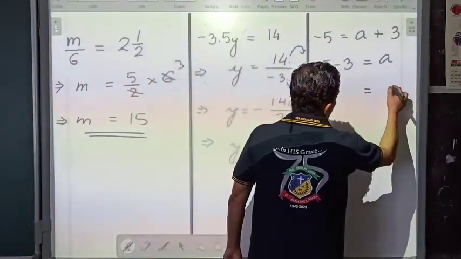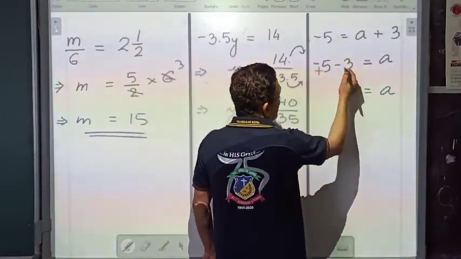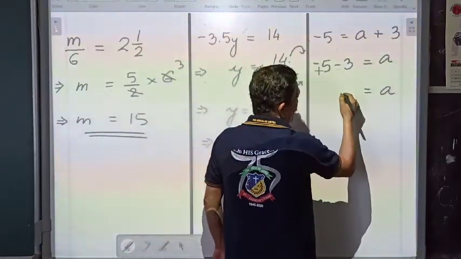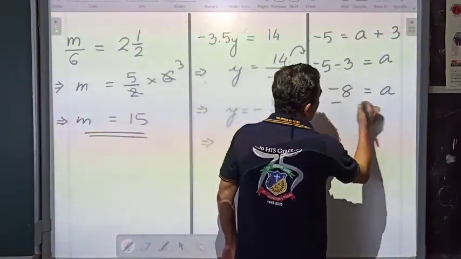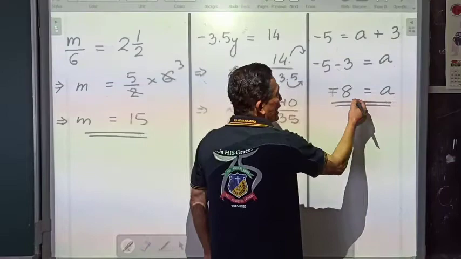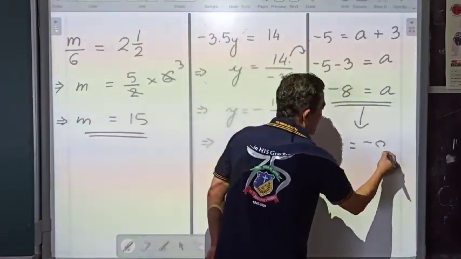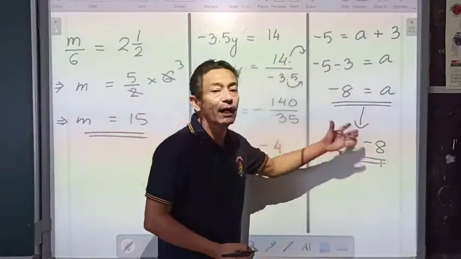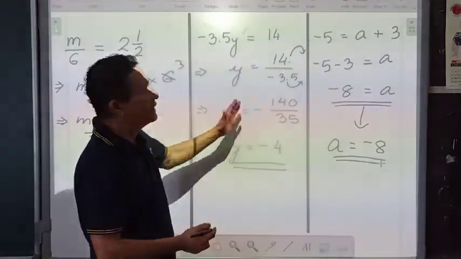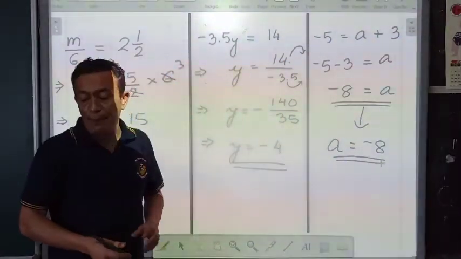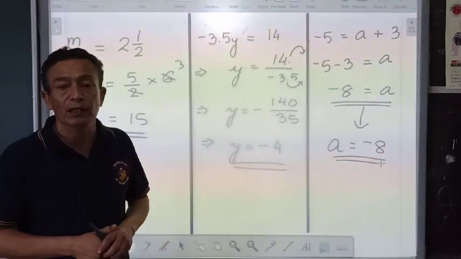So I can write this as a is equal to minus 3 minus 5, minus 3 will give me minus 8. So whether I write minus 8 is equal to a or whether I write a is equal to minus 8, both of them mean the same. So these are the type of sums that are based on your assignment number 29.